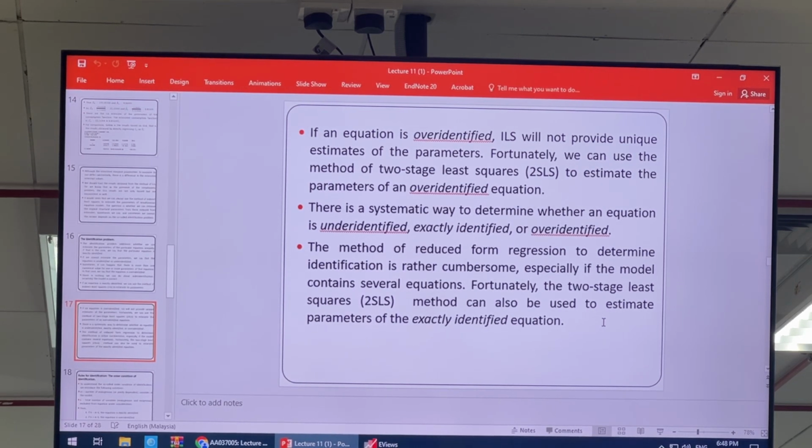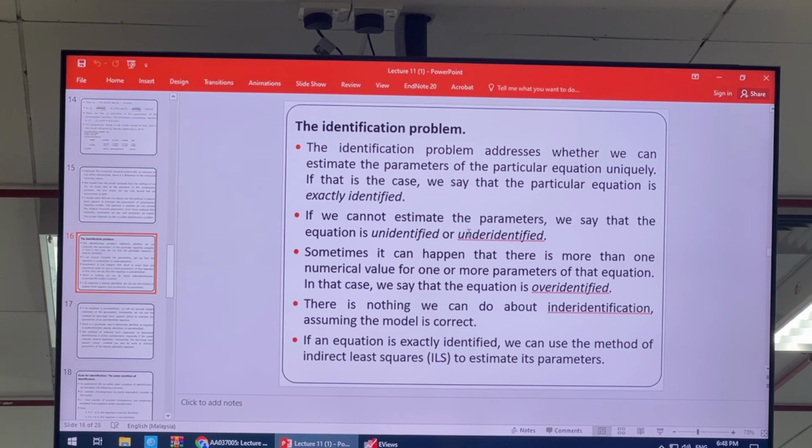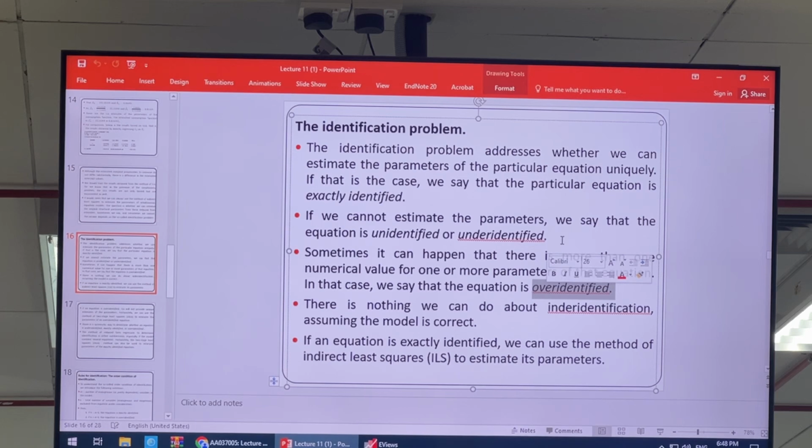Two-stage least squares can be used to estimate exactly identified as well as over-identified equations. ILS cannot be used to estimate an over-identified equation.